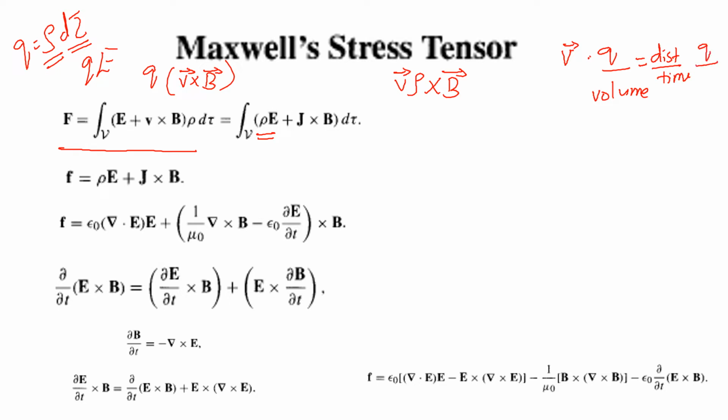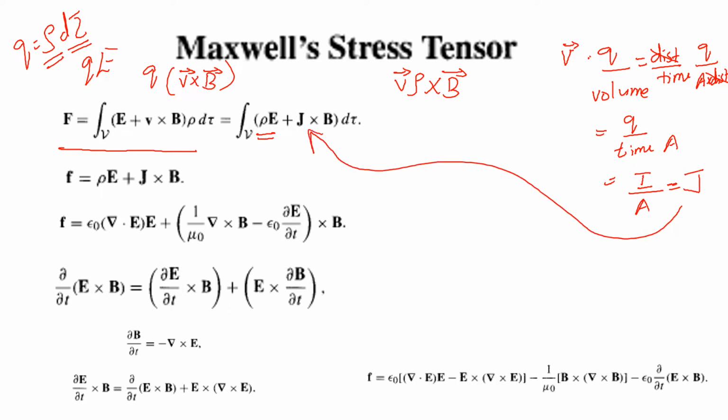Then for Q over volume, volume is area times distance, so we can cancel the distance. It will be Q over time, then area. But what is Q over time? It is current. So it is current over area. What is current over area? It is the current density J. So that is why they replaced this with J here.